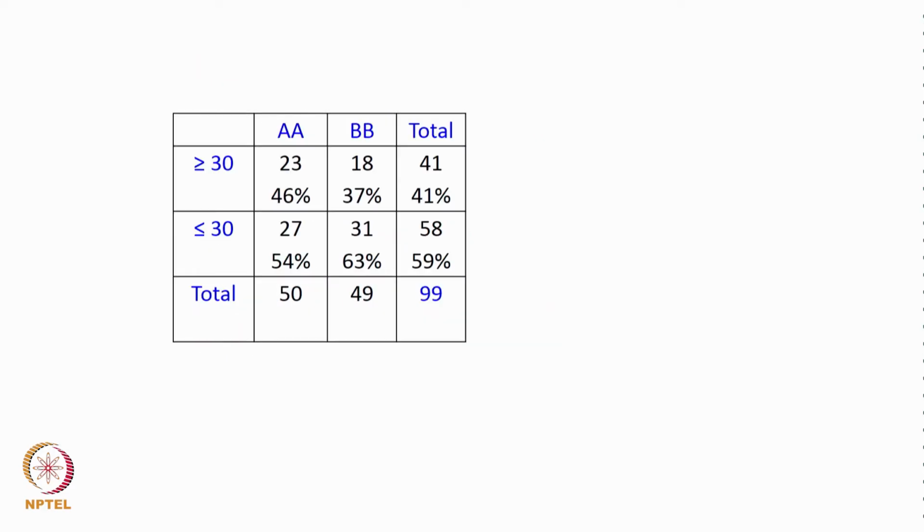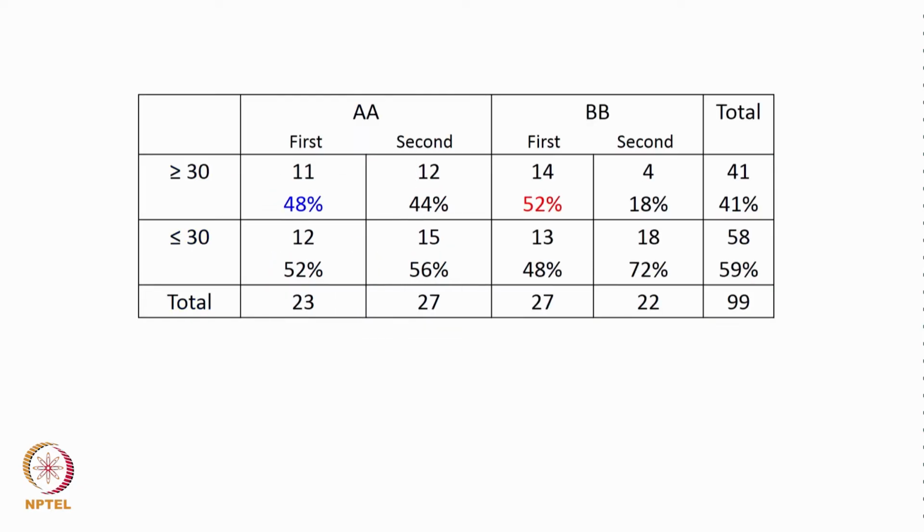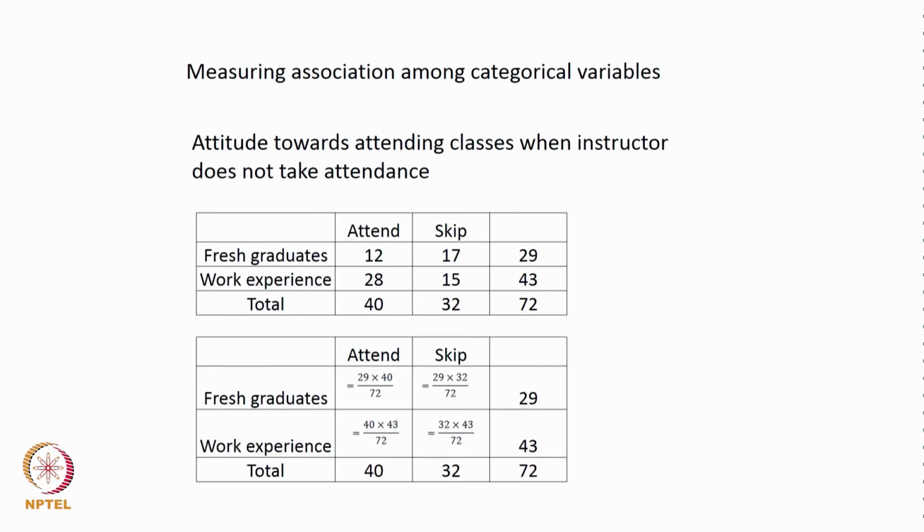For example, we could look at scores greater than or equal to 30 for two players AA and BB, and we could have a performance like this. Whereas if we looked at first innings and second innings, then you see that the performance changes and player BB seems to now have a higher percentage than cricketer AA and so on.